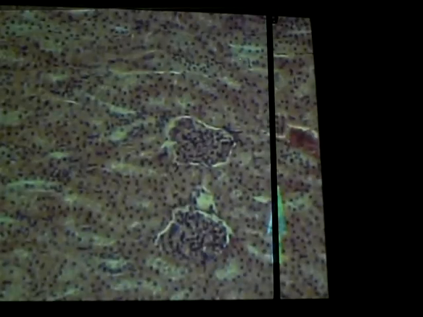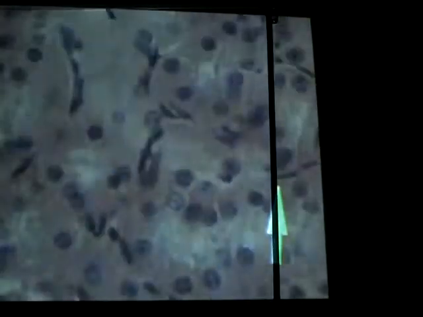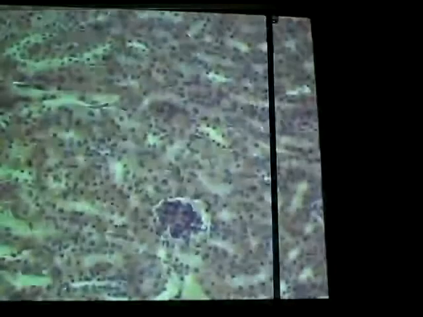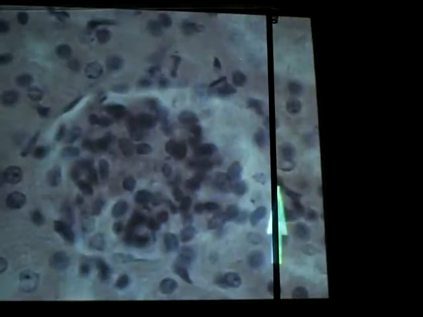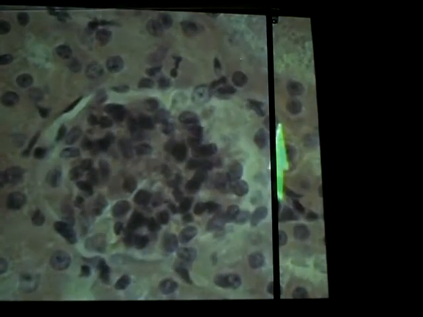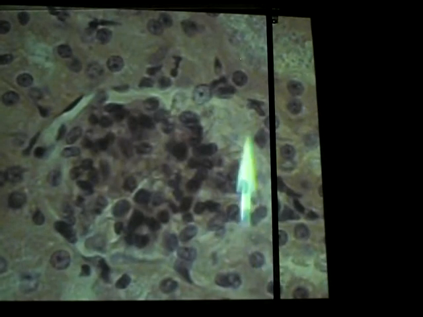So let's go back up to our cortex and look at high power. That's our renal corpuscle here. The renal corpuscle is made up of what's called the glomerulus, which is just a network of capillaries.